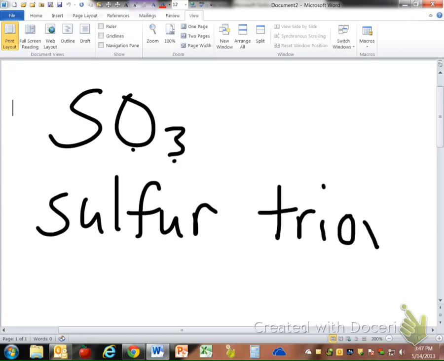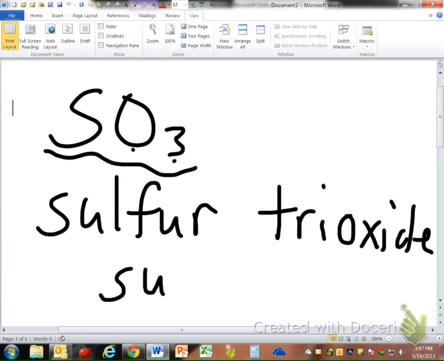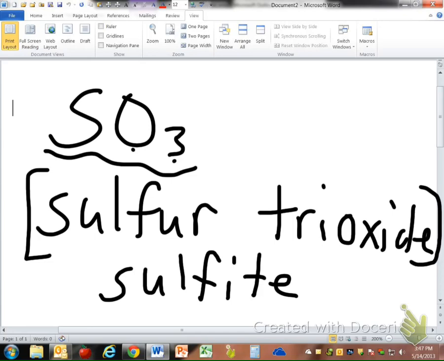So I simply write trioxide. So SO3 is sulfur trioxide. Now you'll notice on the polyatomic ion chart, this also has its own special name that we call sulfite. So we could actually call it either one by using the covalent bonding rules and the prefixes, or the name for that particular bond is called sulfite, SO3.